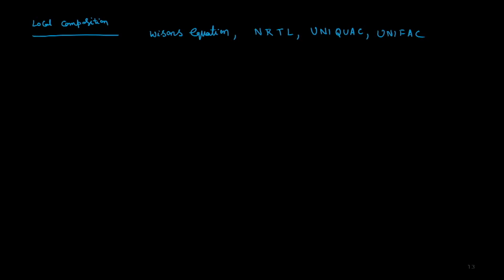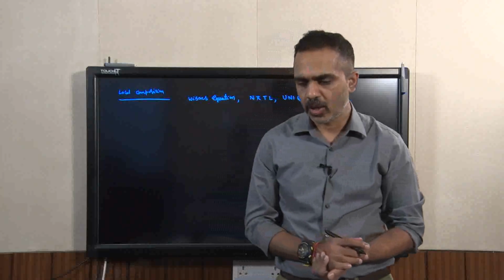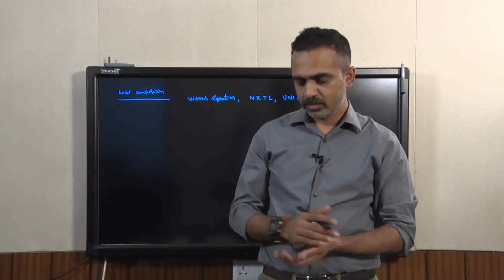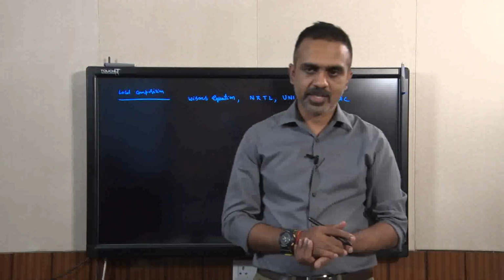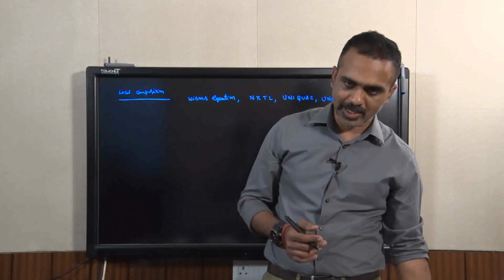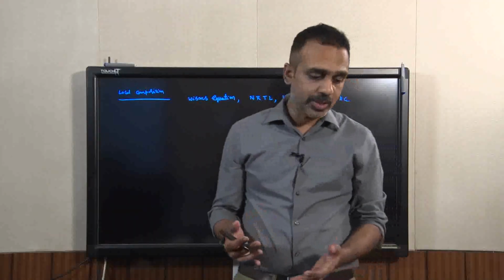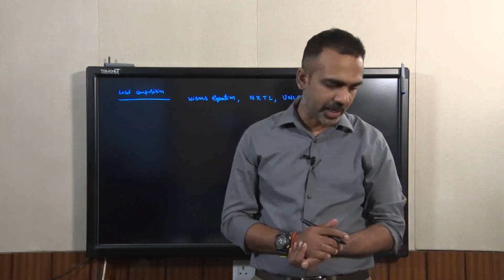Now, the approach behind calculating the activity coefficients using any of these models is essentially the same as we have looked at in the previous scenarios when we used the Redlich-Kister type of expansions.